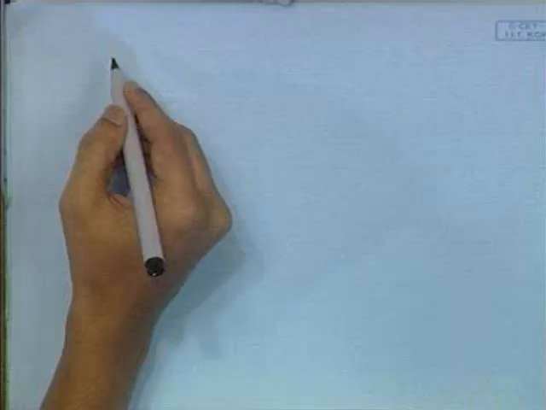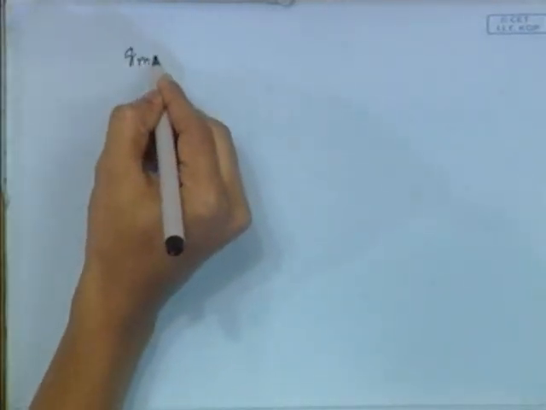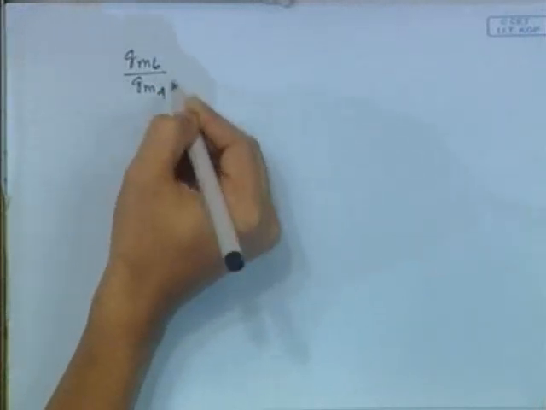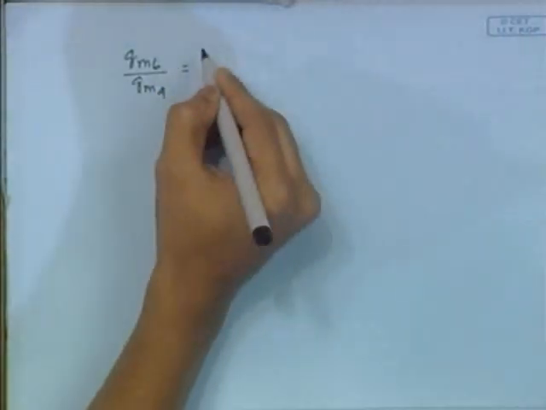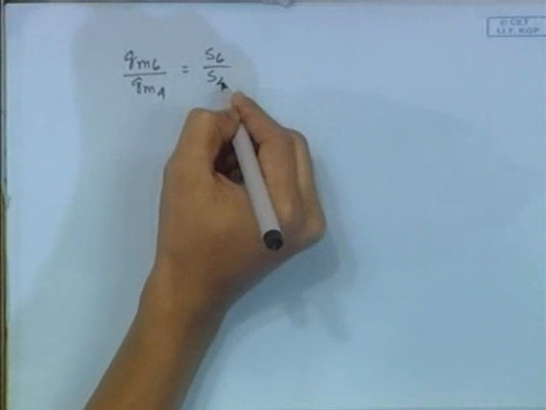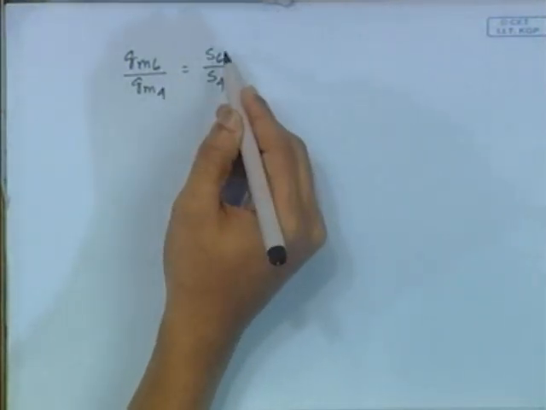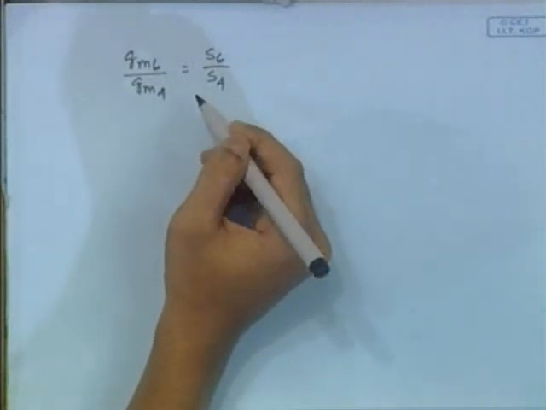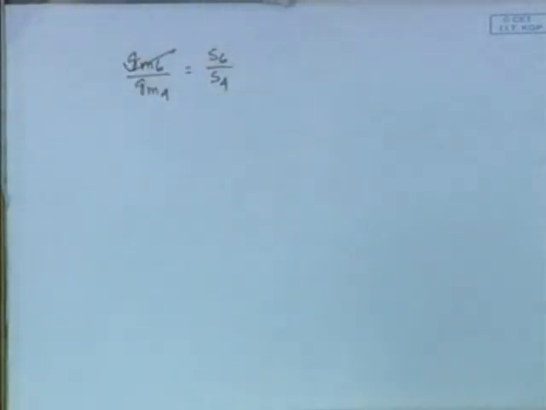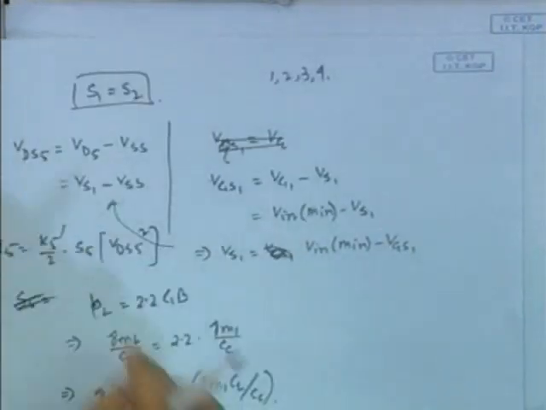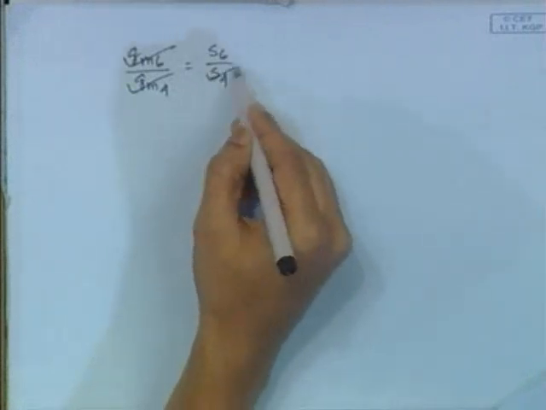S6 is a simple formula: GM6 divided by GM4 equals S6 by S4, because both of them are PMOS transistors, so mu and Cox have the same value for both of them. So GM6 divided by GM4 is basically the S6 divided by S4, and we know all these things. GM6 we have just found out from the previous formula. Now GM4 is known to us, S4 is known to us, so we can find out S6.